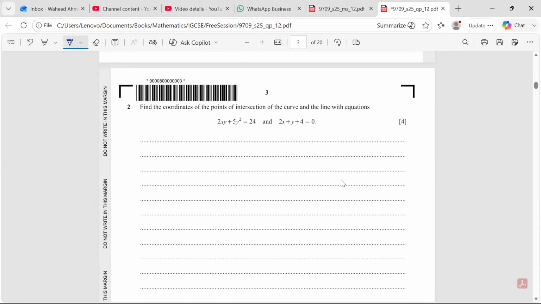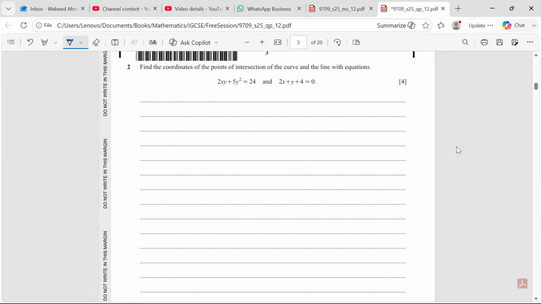Now, question number 2. Okay, so find the coordinates of the points of intersection of the curve and the line with these equations. Okay, so we are given this curve 2xy plus 5y squared equals 24, and the straight line is 2x plus y plus 4 equals 0.